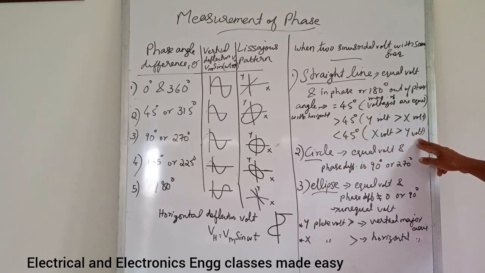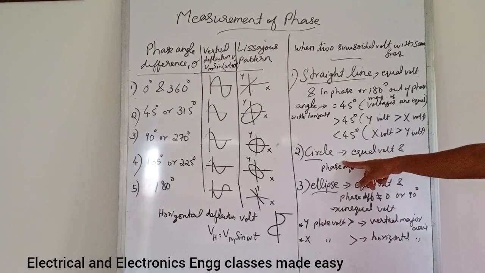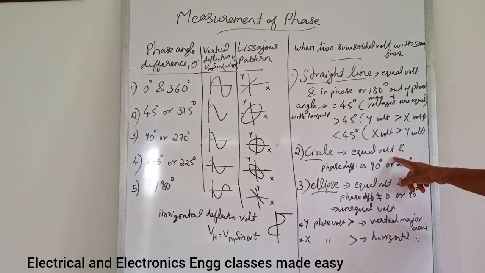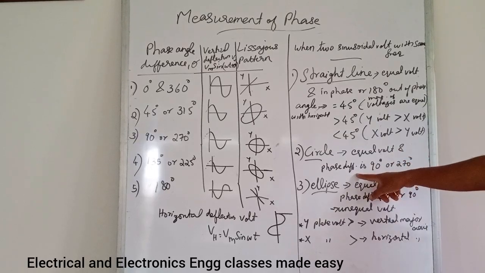And a circle is obtained when magnitude of the two signals are equal and also the phase difference is 90 degree or 270 degree.